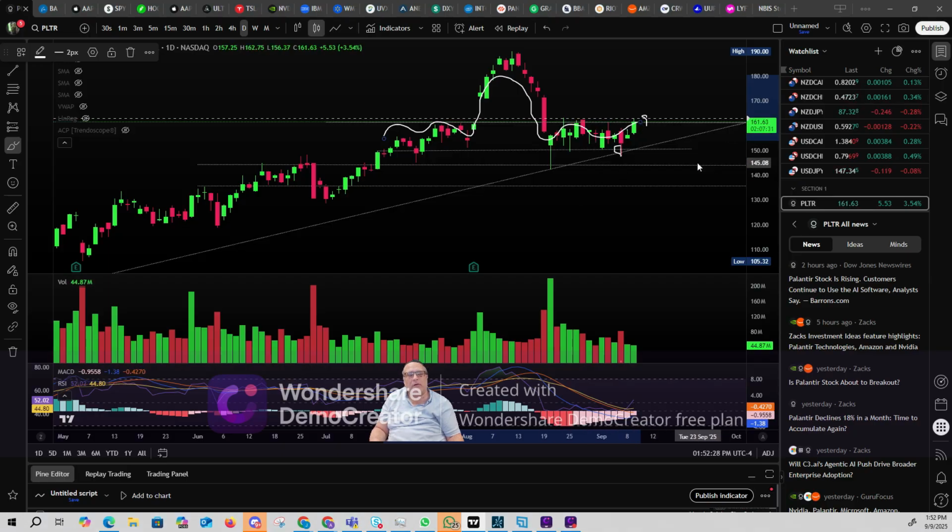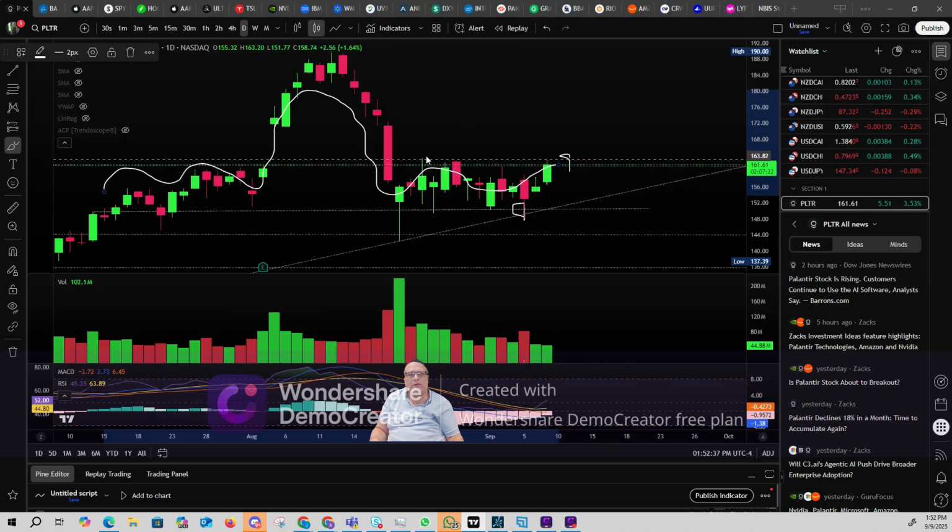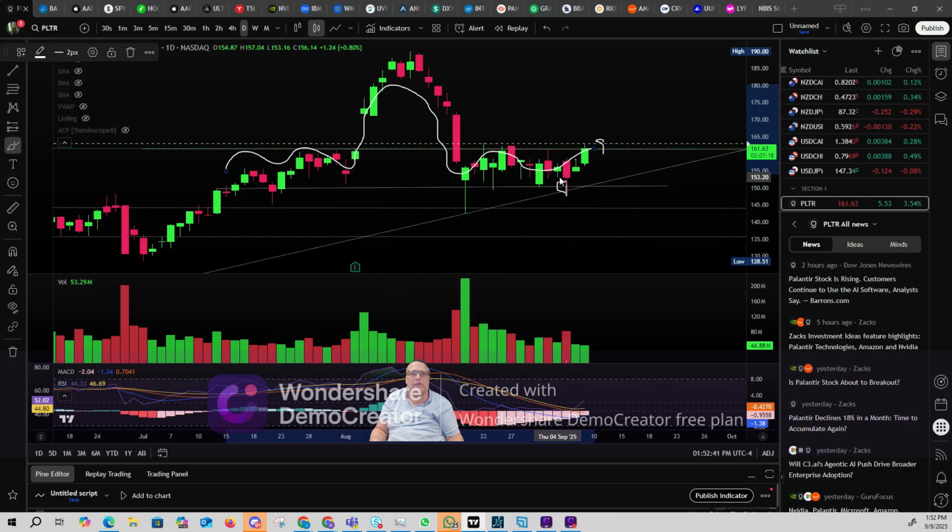So there's one area of resistance ahead, about that 162, the top of this candle, as you can see, about 163.32. So I have my alert set up over there, and today we're nearing that number.